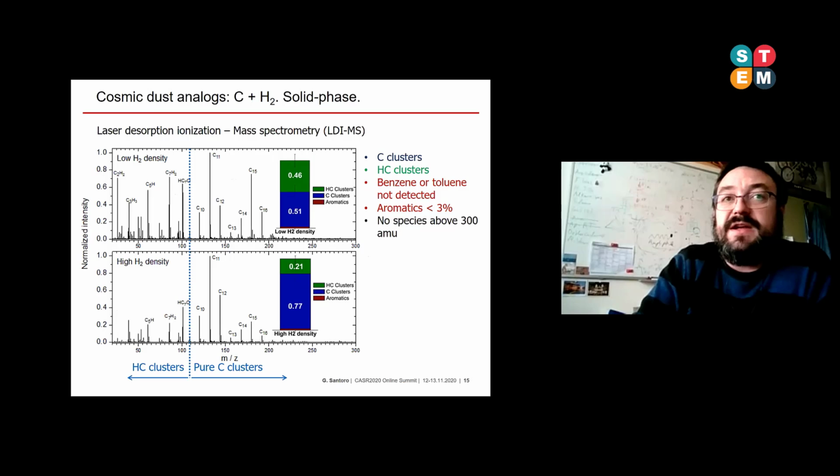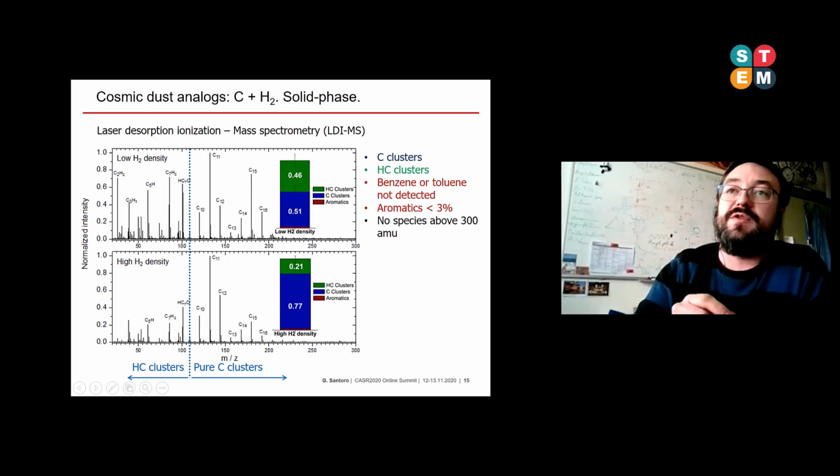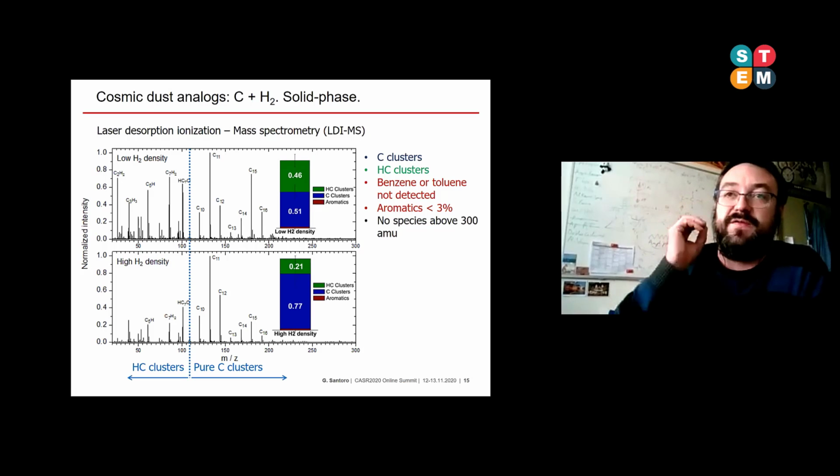Okay, but this is for the gas phase. What about the solid phase? So for that we perform a kind of mass spectrometry that is called laser desorption ionization. Basically, you warm up your material with a laser and you perform mass spectrometry of the gases that you extract from these laser plumes.